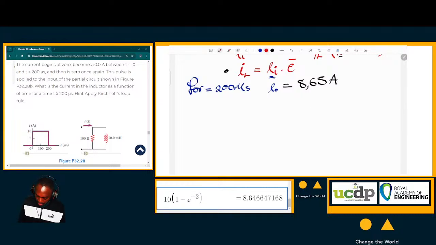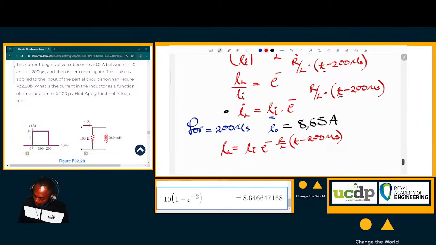So it's just I through the inductor, L, which equals I exponential negative R over L, and instead of T we've got T minus 200 microseconds, which we have in this equation.